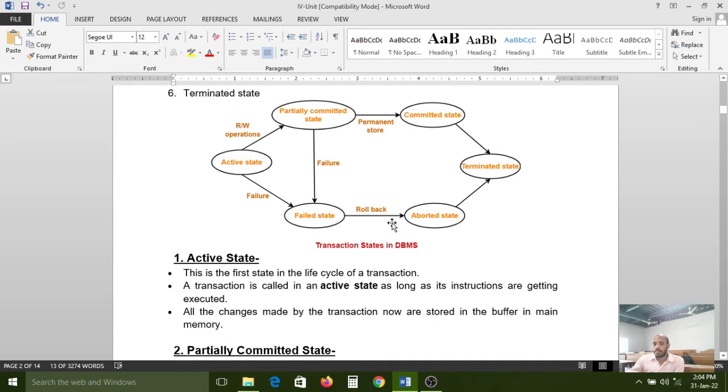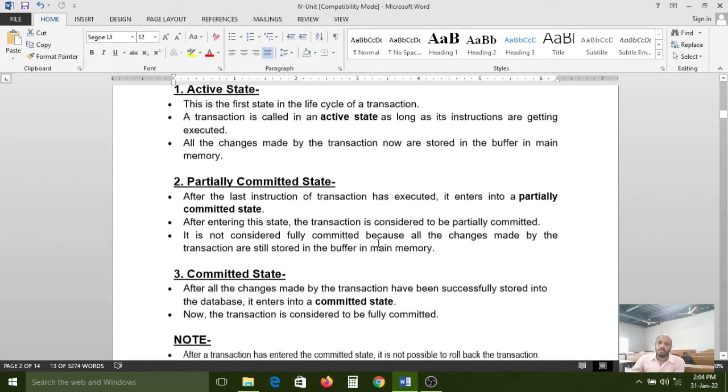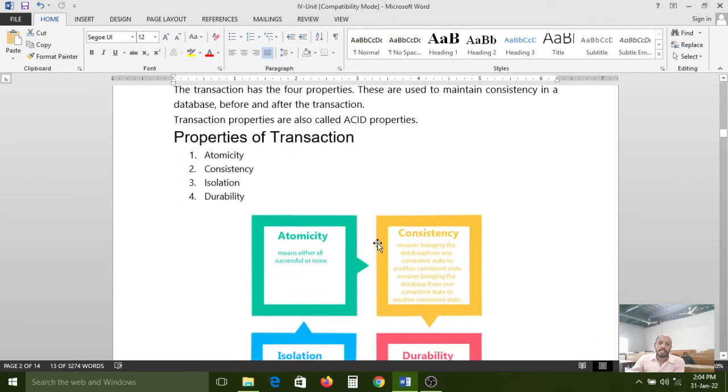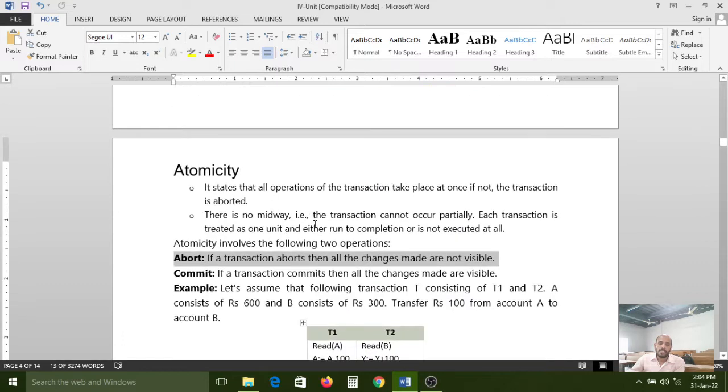If it is successful, the amount is deducted from the starting account and credited to the ending account, the other account. So atomicity is always observed from starting to ending. Either the transaction executes successfully or it is not successful.